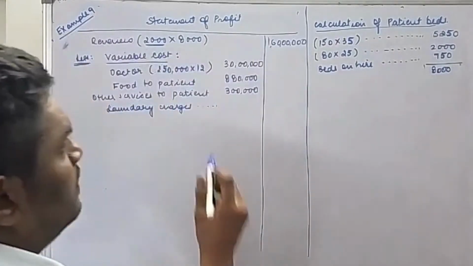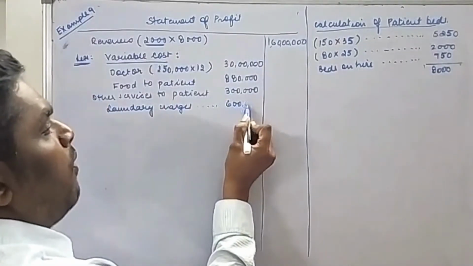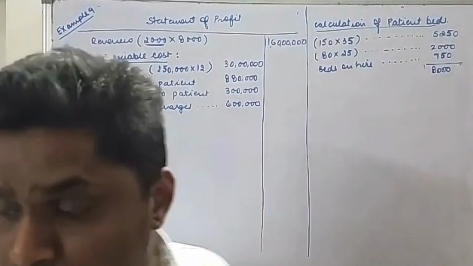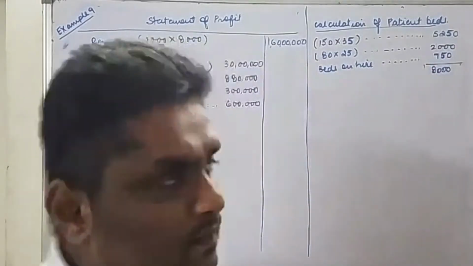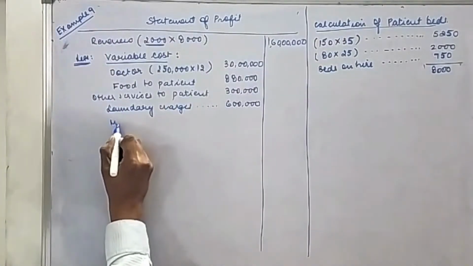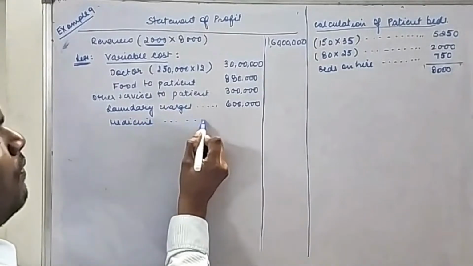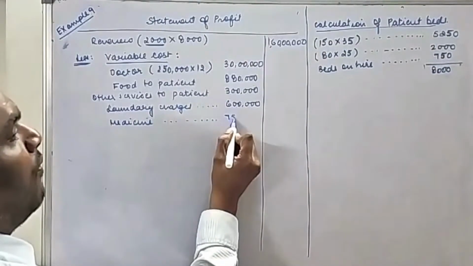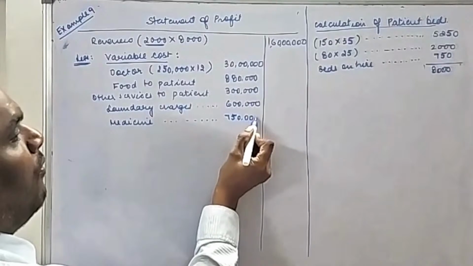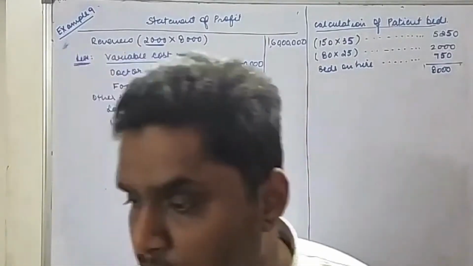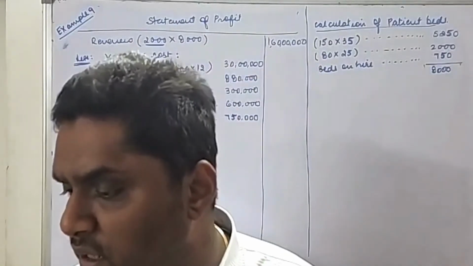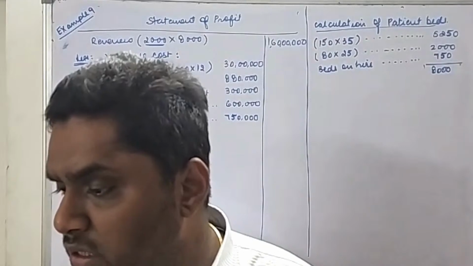Six lakh. Medicine 7,50,000 variable. Rest all are fixed.